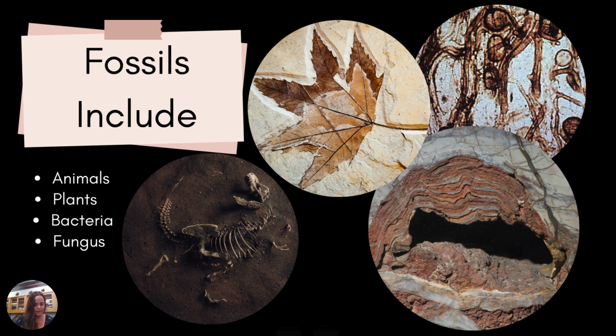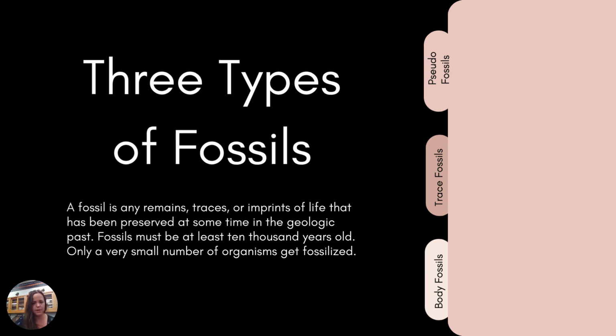Right, so fossils will include animals, plants, bacteria, and fungi. Fungi, as I mentioned, with soft parts, and bacteria, they are much harder to preserve, but it is possible. Okay, so there are 3 types of fossils that we're going to talk about.